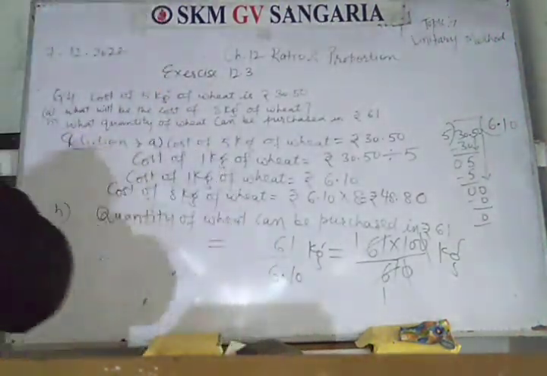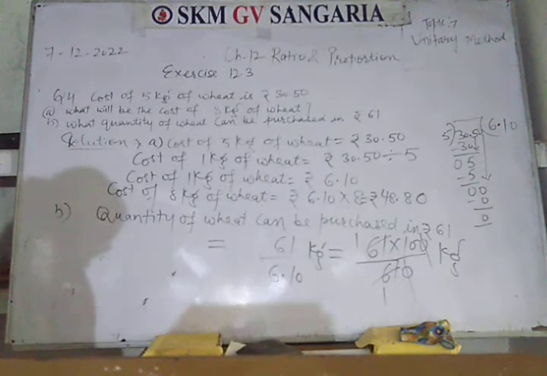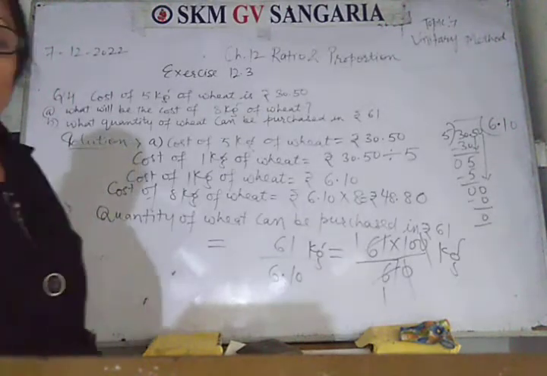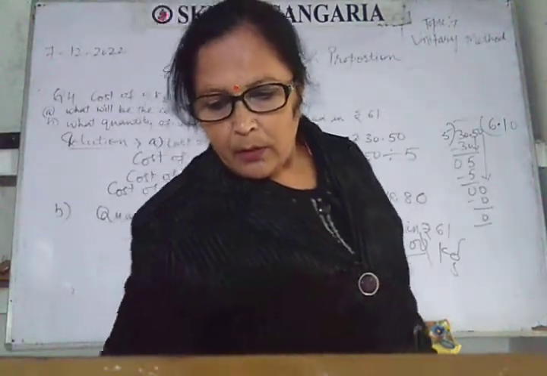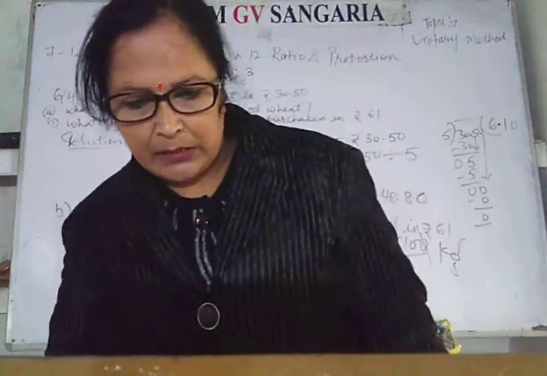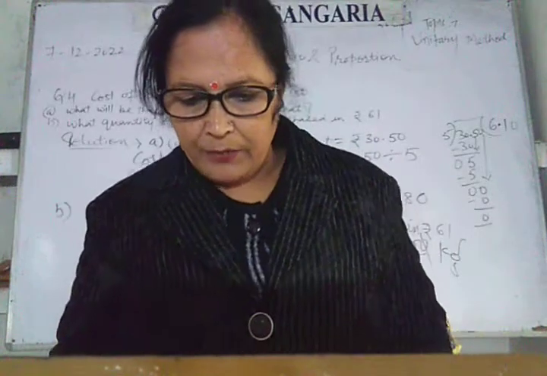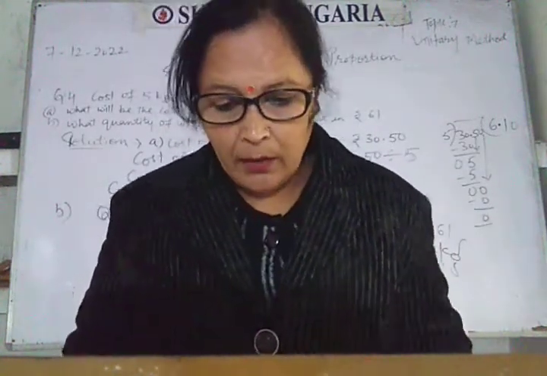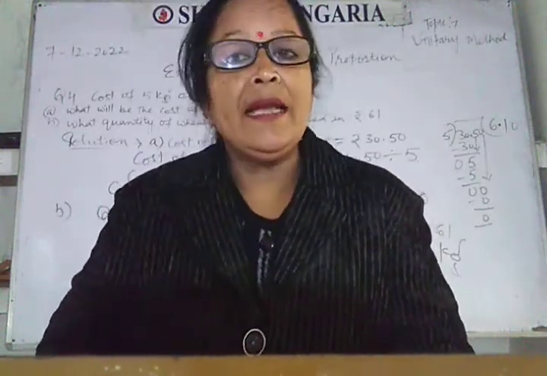And in your book, exercise 12.3, next question. The temperature dropped 15 degrees Celsius in the last 30 days. If the rate of temperature drop remains the same, then how many degrees will the temperature drop in the next 10 days?